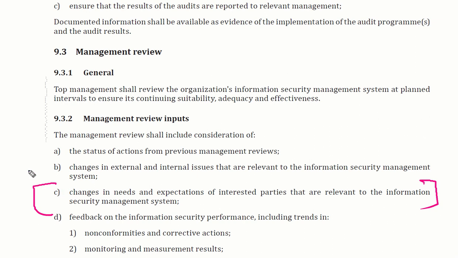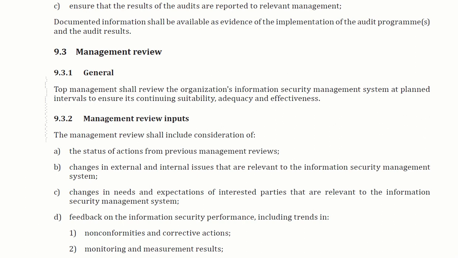Earlier we were not capturing needs and expectations as part of management review. Now they have come up with a new requirement. From now onwards, in our MRM points, we need to include changes in the needs and expectations, because the needs and expectations of stakeholders or interested parties may change over time. So this also they have considered in the newer standard.